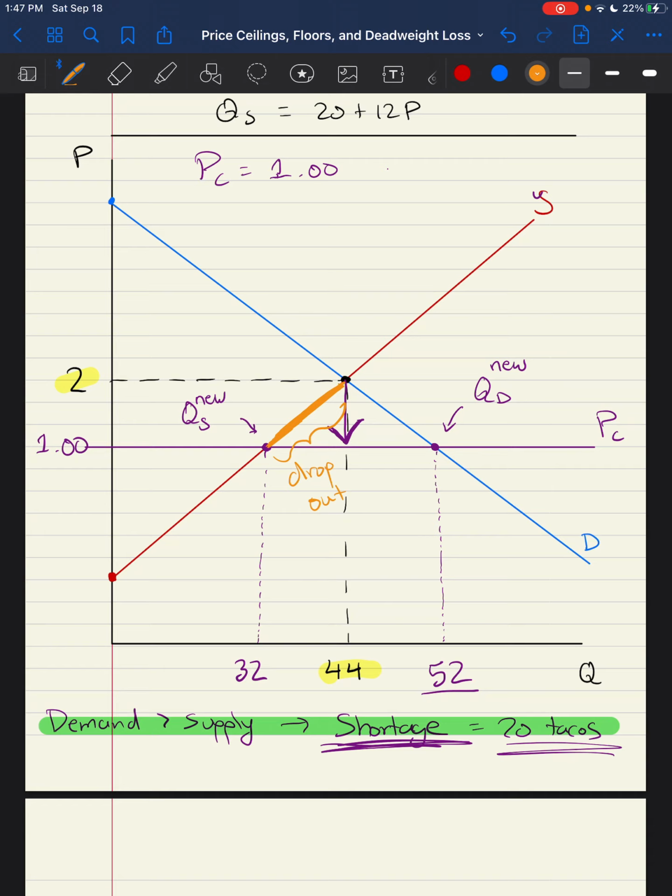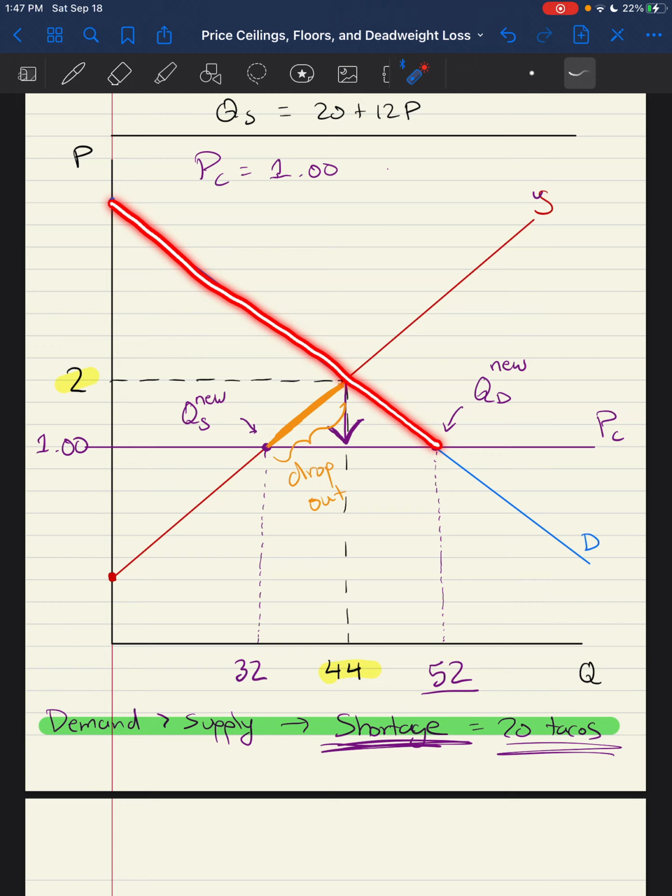Okay, well, what about demand? Well, before, in our perfect equilibrium, all of these folk wanted to buy tacos, right? But now, because the price has gone down, all of these people want tacos. So the demand has increased.